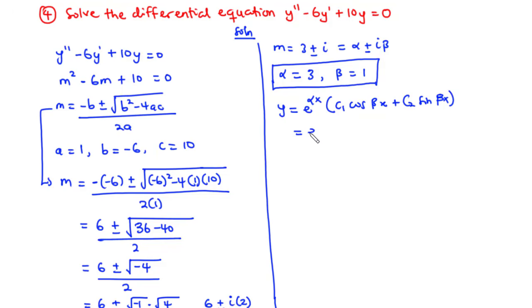We have e to the power alpha, which is 3, so 3x, times the bracket c1 cos beta x, beta is 1, so 1 times x is x, plus c2 sin x. So this is the general solution to the differential equation.